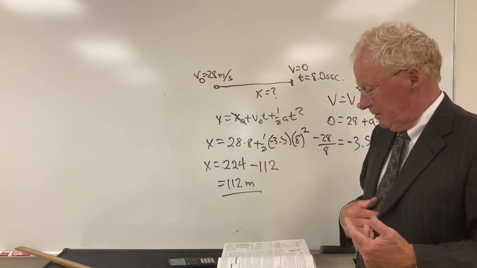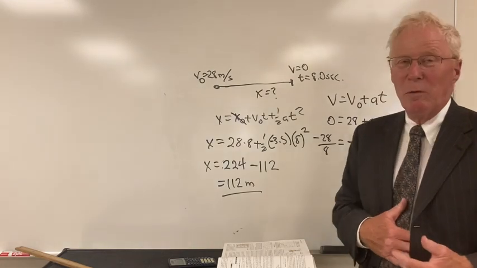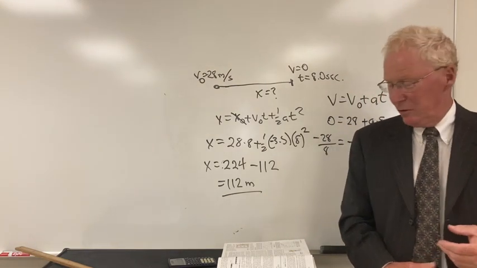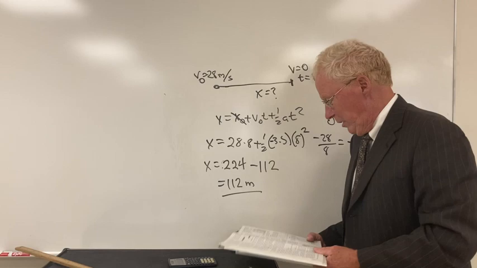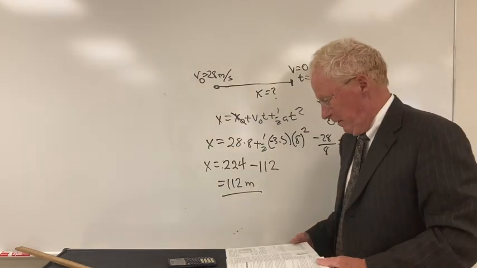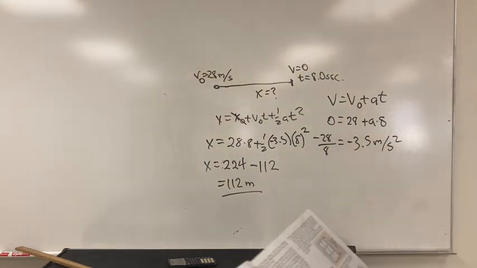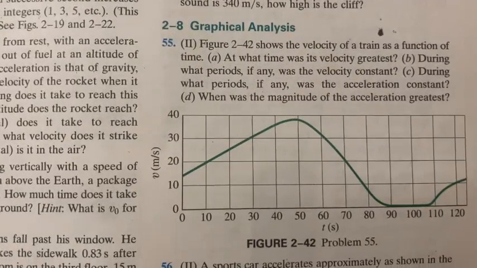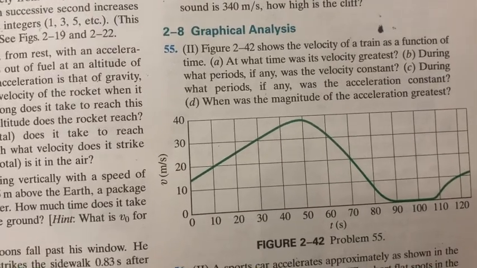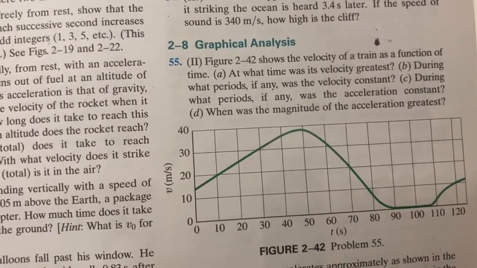So that's pretty much what we'll be looking at. I've gone through some other examples. Another thing you might want to look at is the graph in problem 55. If you look at it, it shows the velocity of a train as a function of time.